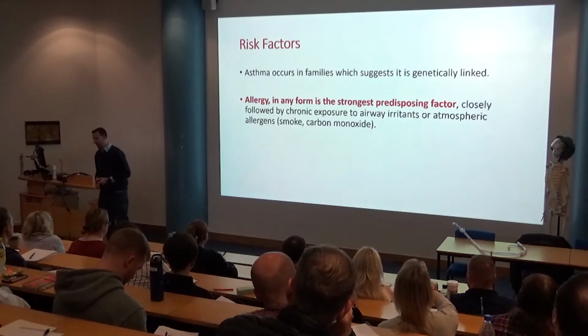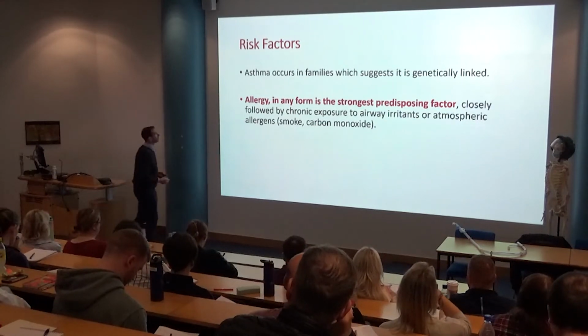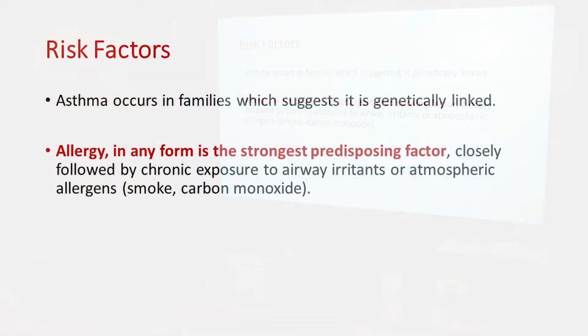So, risk factors for asthma. Asthma occurs in families, which suggests that it is genetically linked. We know that there is a genetic mutation that makes you more predisposed to have asthma.